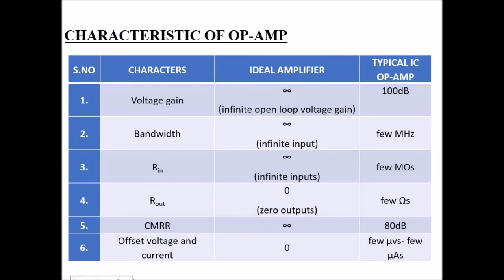Next one, the offset voltage and current. The offset voltage and current should be 0 for an ideal amplifier, whereas in a typical amplifier it is from a few microvolts to a few microamps.